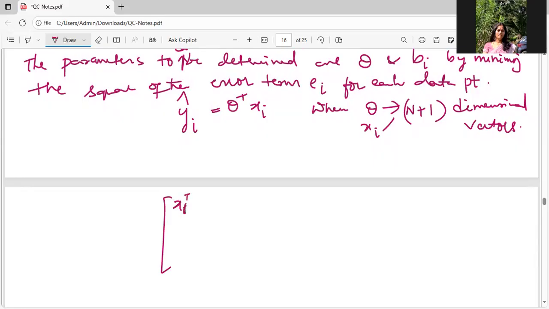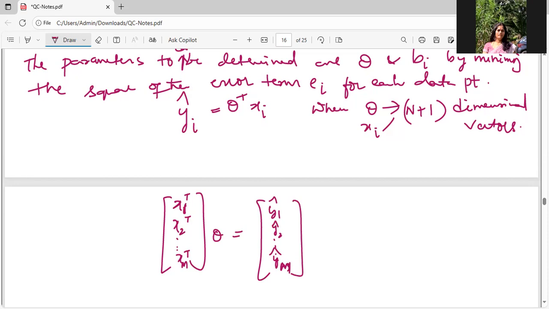X1 transpose, X2 transpose, and so on, Xm transpose, times theta, is equal to ŷ1, ŷ2, and so on, ŷm. Okay, the matrix representation looks something like this.